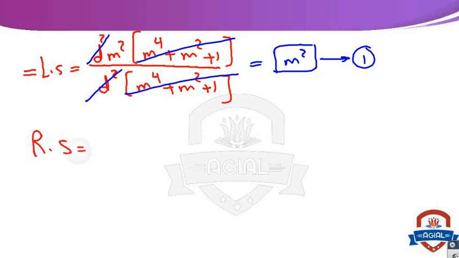Number 2, right side. Right side equals what? AC over BD.